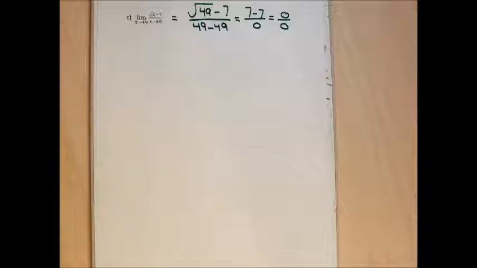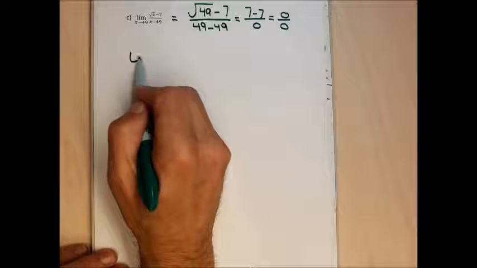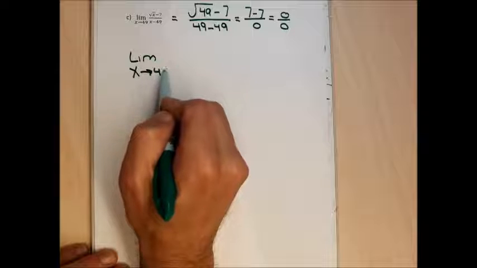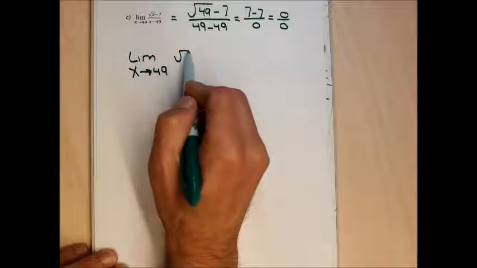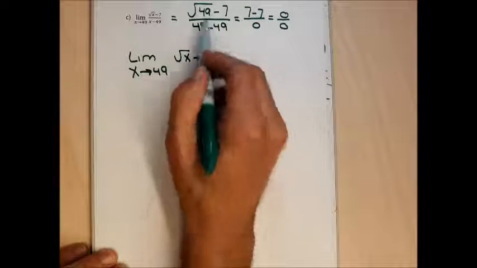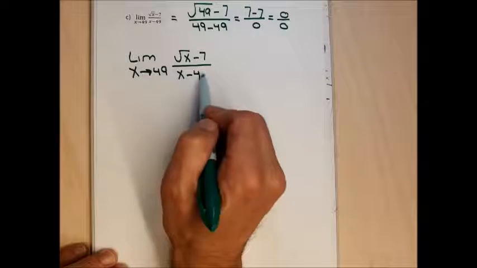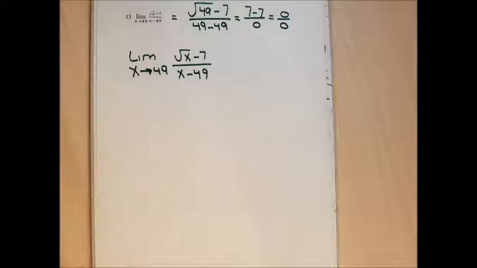If you get 0 over 0, there's algebra that you can do to find out what the limit likely exists, but I have to do some algebra to see what it actually equals. In part B, I skipped the plugging in step because I just wanted to save time. And I probably should have skipped the plugging in step for this too.